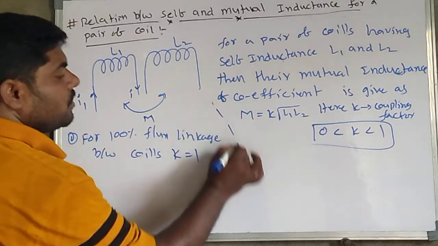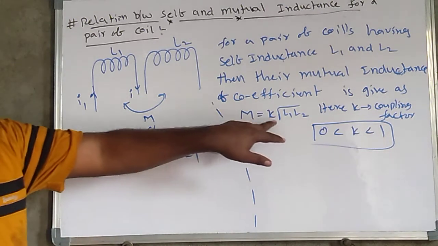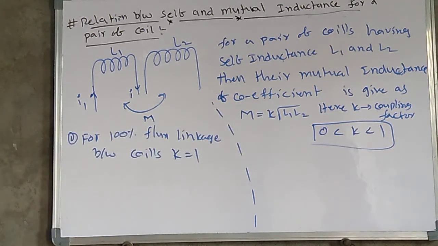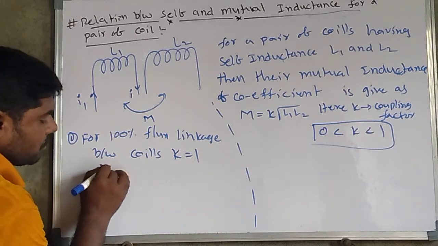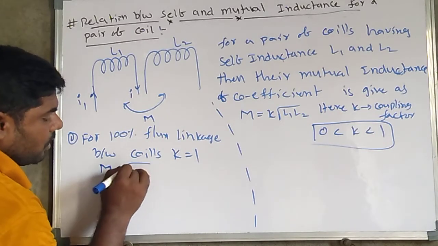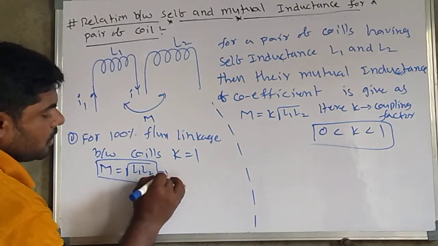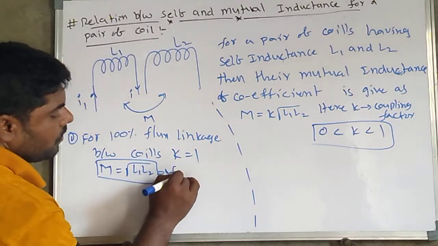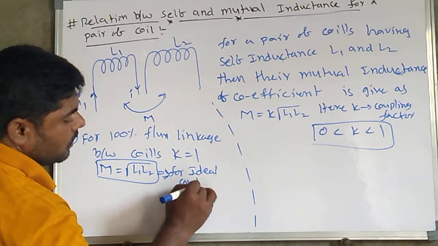So here K is equal to 1, you may substitute. So what happens here: M is equal to root of L1 into L2 for the ideal condition. So here M is equal to under root of L1 into L2. This condition is nothing but the ideal condition.